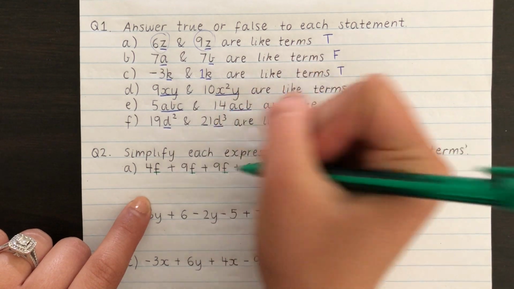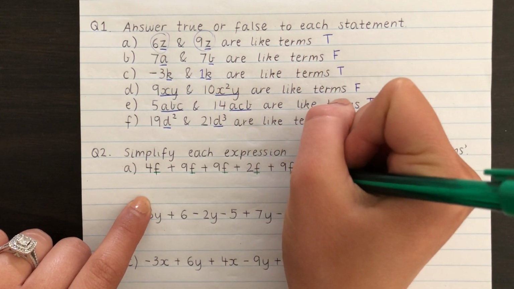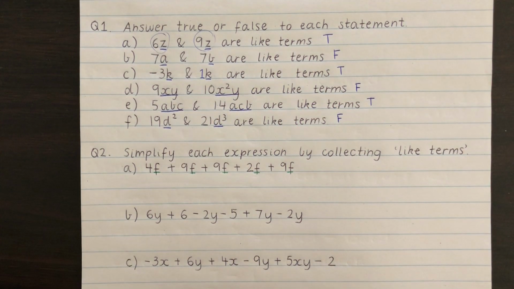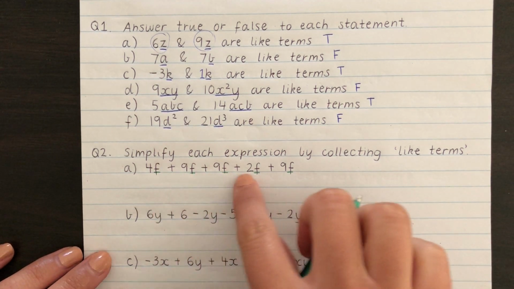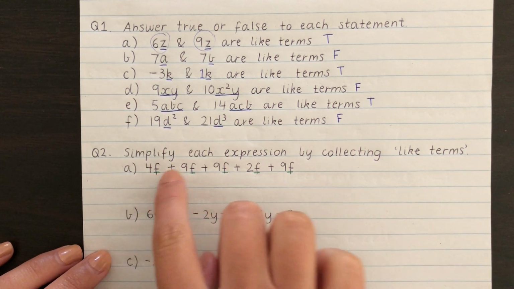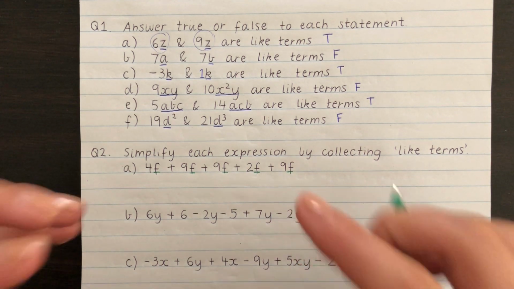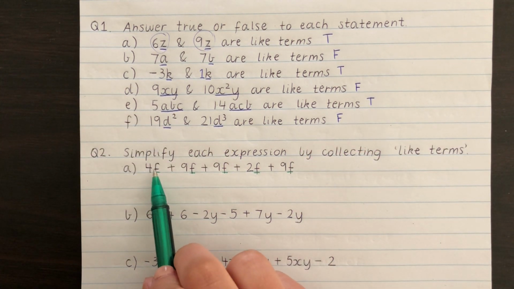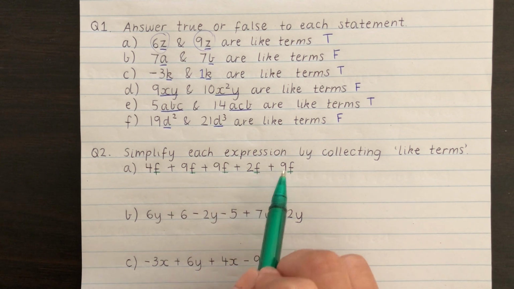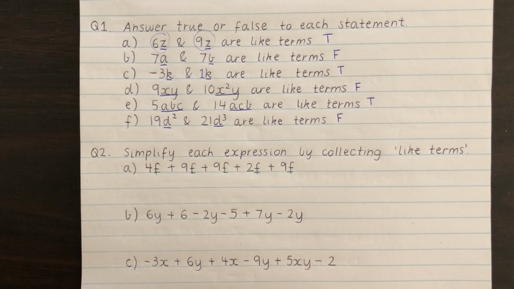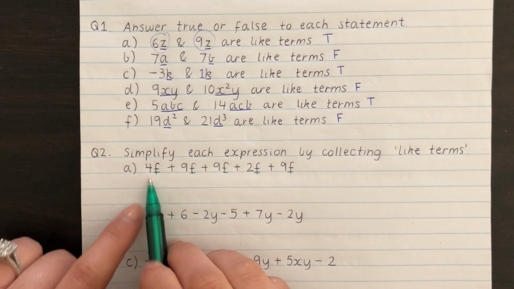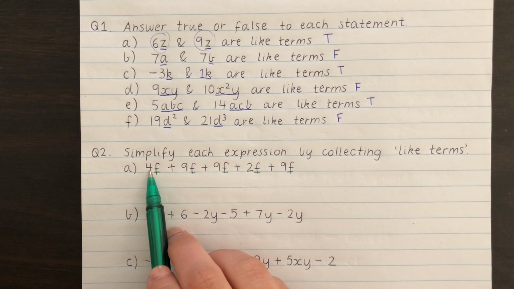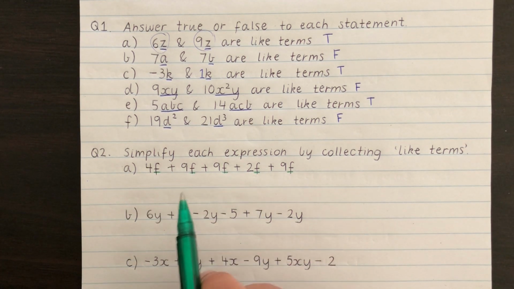F there, F there. All right, they're all Fs. So they're all exactly the same. We can collect all of these terms as like terms because there are Fs on the end of every single number. Okay, so all we need to do is now take those numbers in front of the Fs, add them all together.